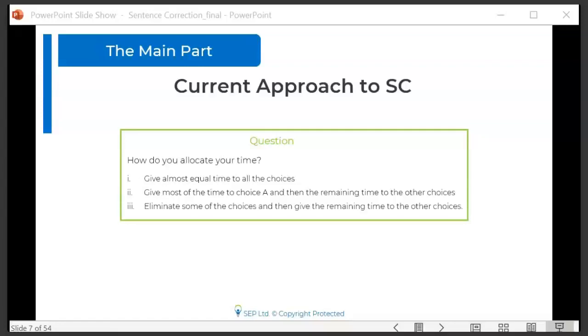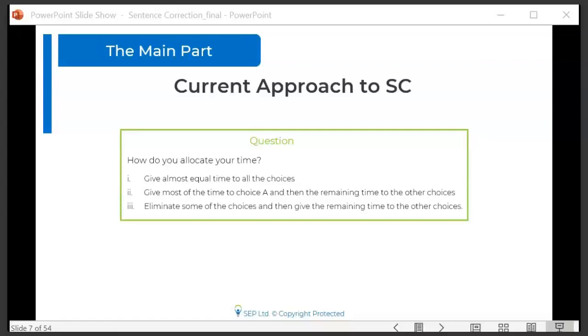Okay, so I'll again count 5 before I end the poll. This is 5, 4, 3, 2, and 1. Okay, I'm going to end the poll. All right, so now the interesting thing here: 10% of you give almost equal time to all the choices.